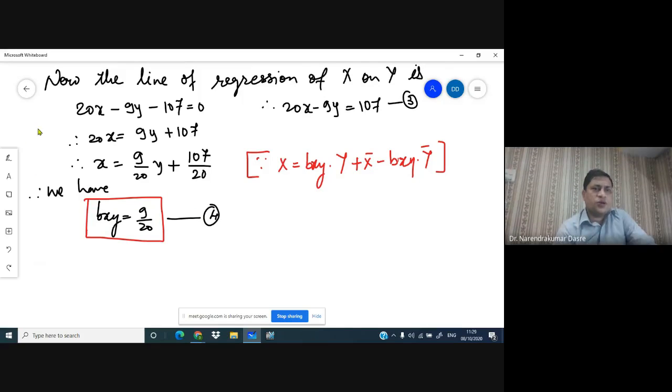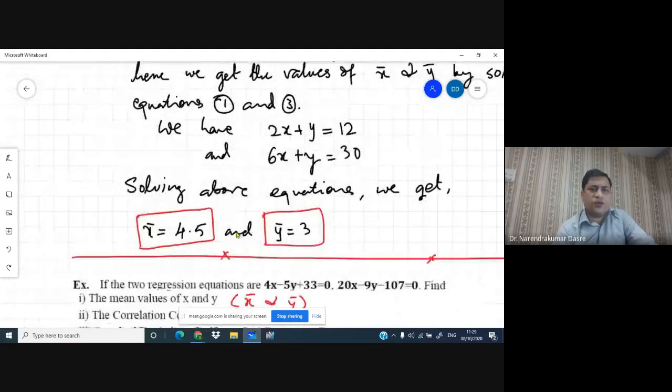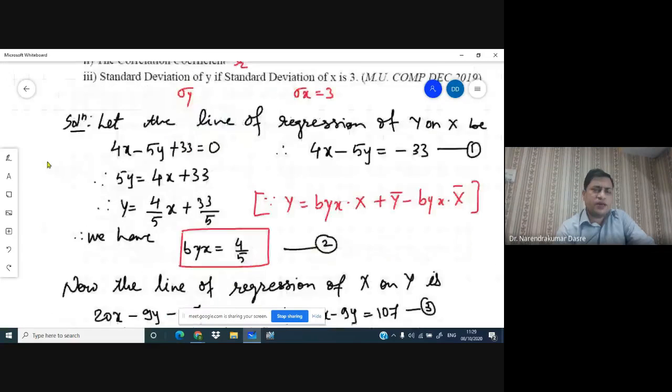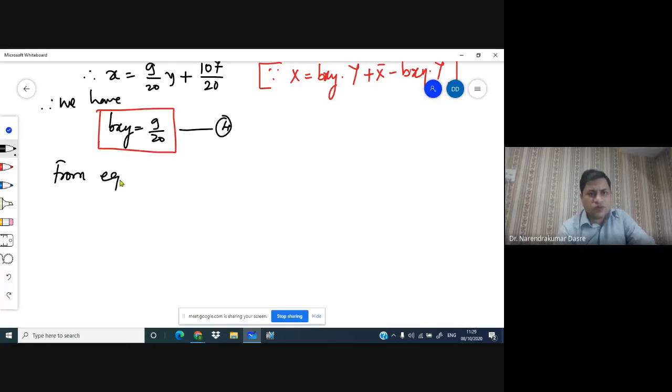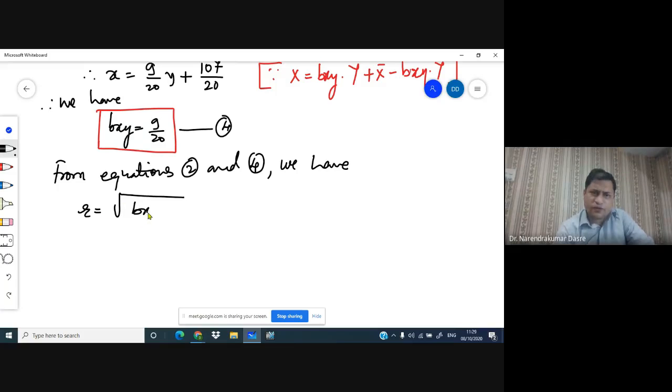Okay. So what we want to find out now is r, x bar, y bar and sigma y. So here we can write, from equations 2 and 4, we have r is equal to square root of bxy into byx. So square root of 9 by 20 into 4 by 5.